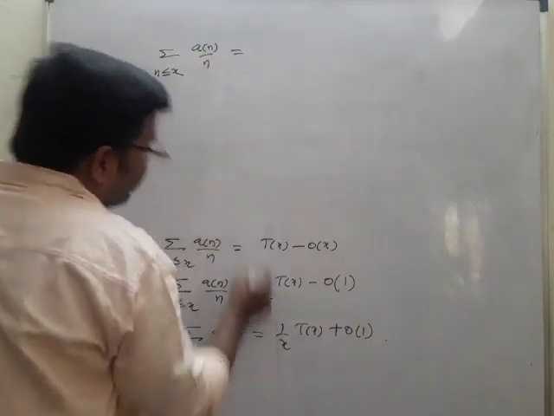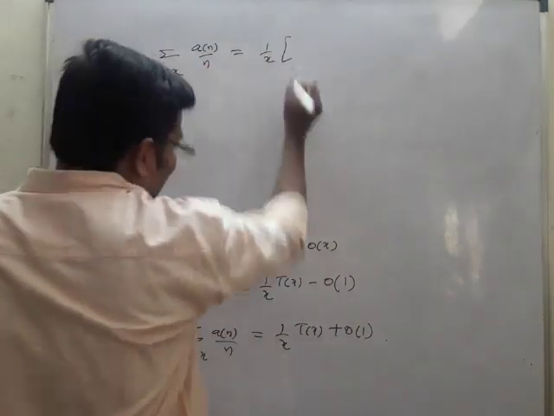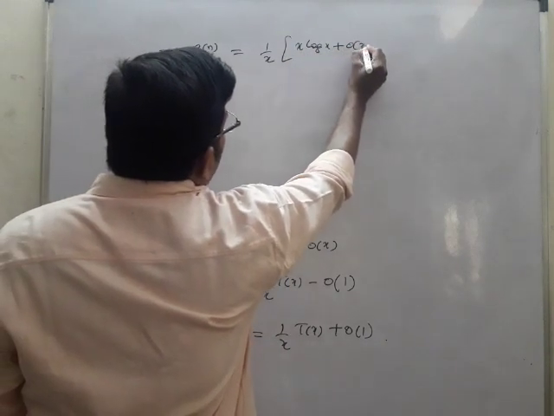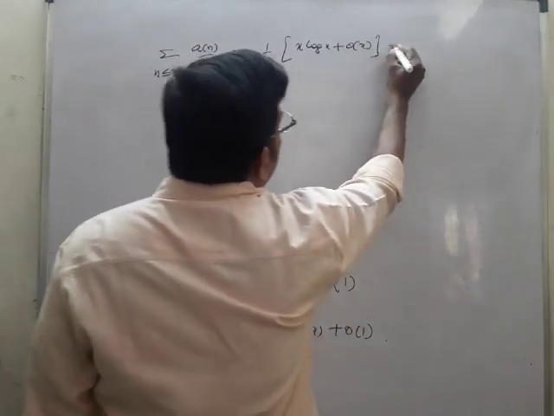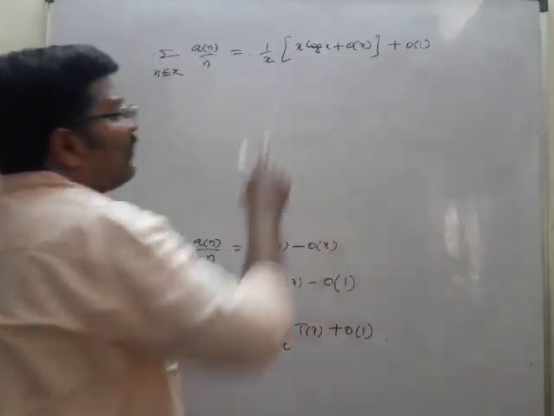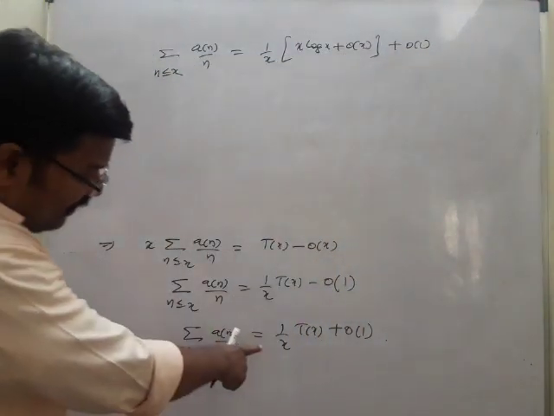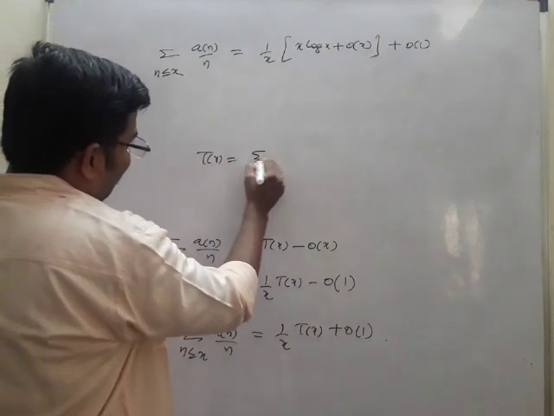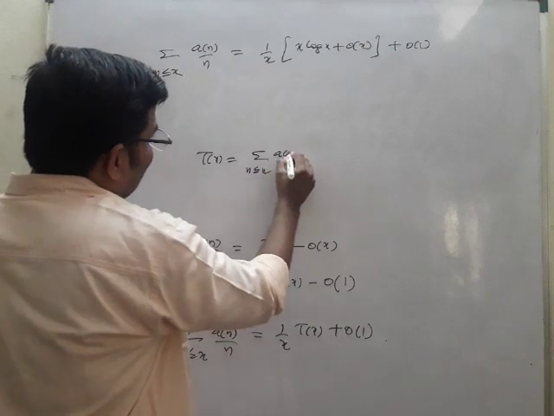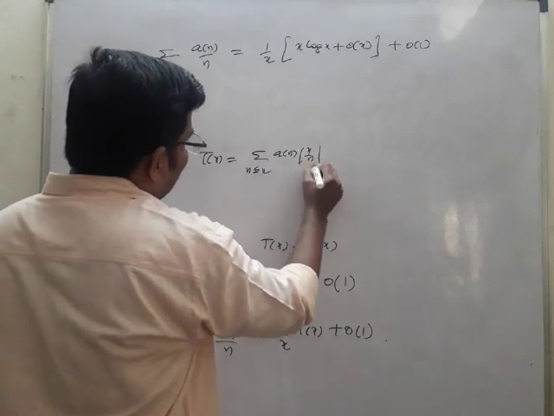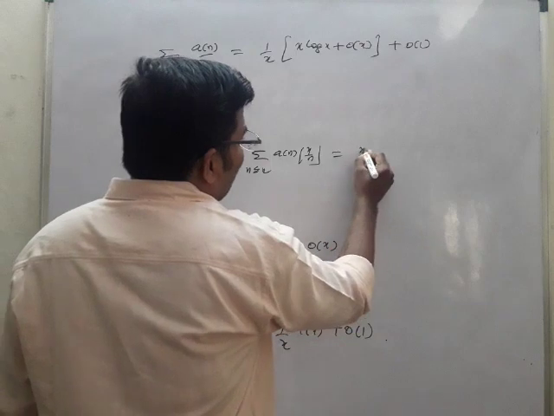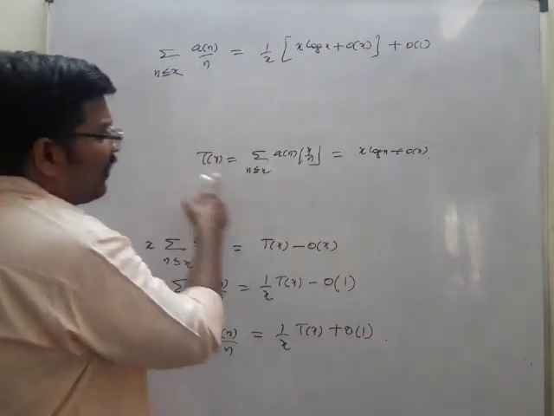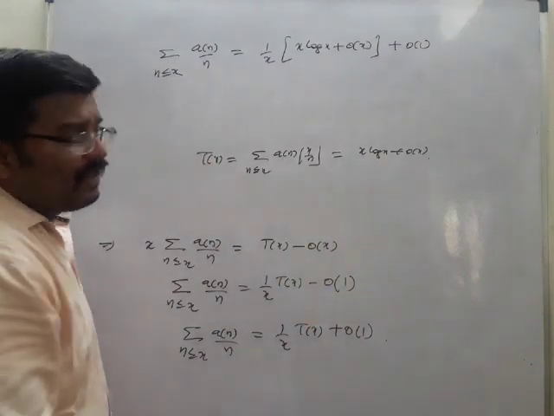Already we have that value: it is 1 by x times x log x plus big O of x, plus big O of 1. This we already have chosen, because T of x is nothing but summation n less than or equal to x, a of n, the greatest integer of x by n, which is equal to x log x plus big O of x. Now this is the value which we have. So T of x can be written as x log x plus big O of x.